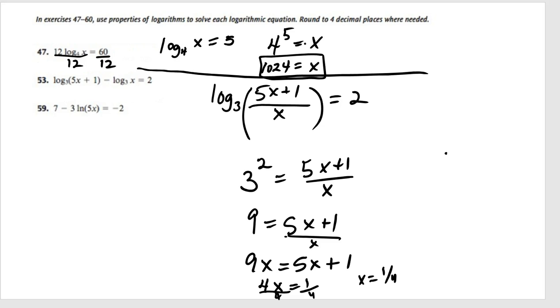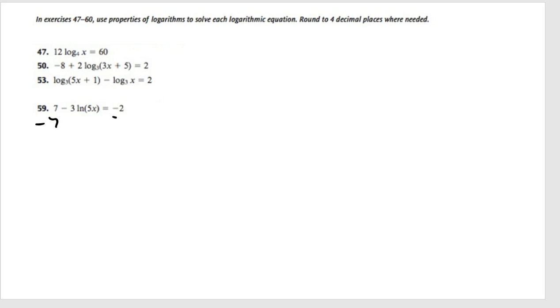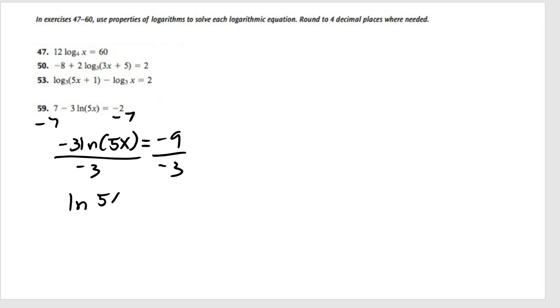Okay, so now let's do number 59. First, I'm going to isolate the log by subtracting 7, so I'll have -9, and then dividing by -3. So I'll have the natural log of 5x is equal to 3. Okay, and I can rewrite this as base e raised to the cube is equal to 5x. And I'll divide both sides by 5.